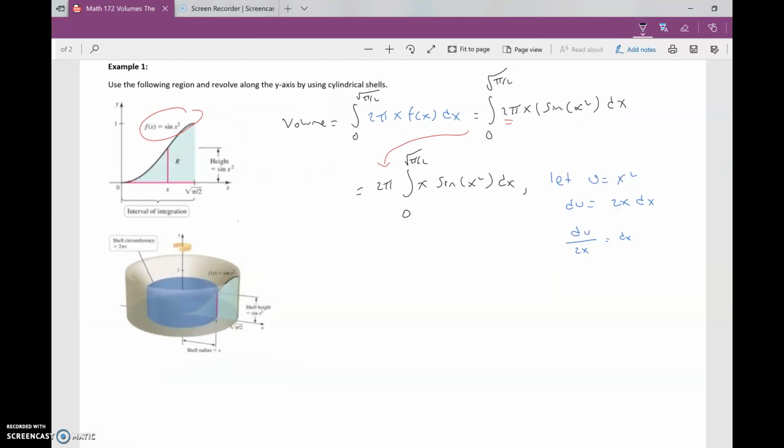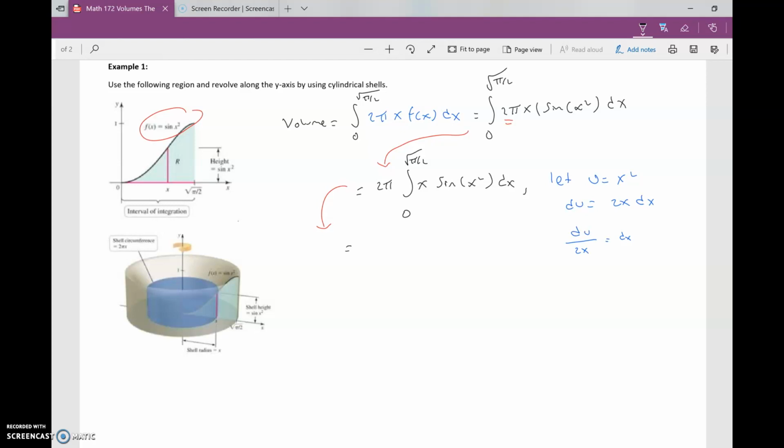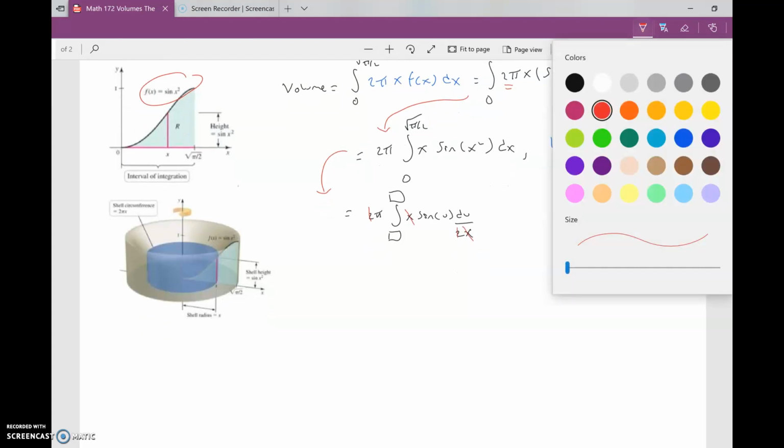So this is going to be 2 pi integral, and then don't forget the limits, of x sine of u, and this will be du over 2x. So the integral reduces, you can cancel the 2's, and then more importantly, you can cancel the x's.